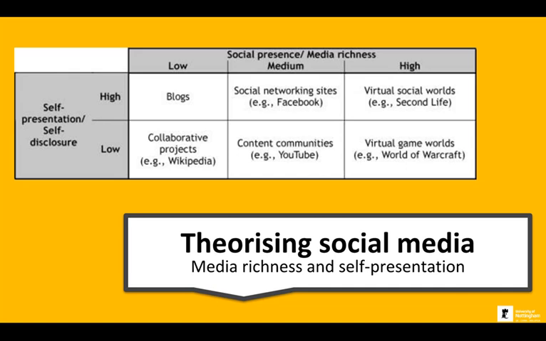So they said, one of the things that you can think about is how rich is the media channel? How much information does the social network allow the sender to communicate to the receiver? So how rich is the information that's sent across? They said, well, if you look at a blog, what's your typical blog?